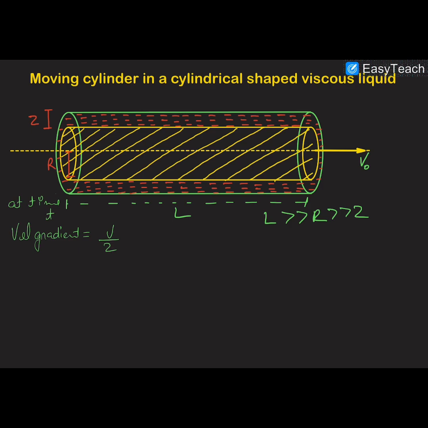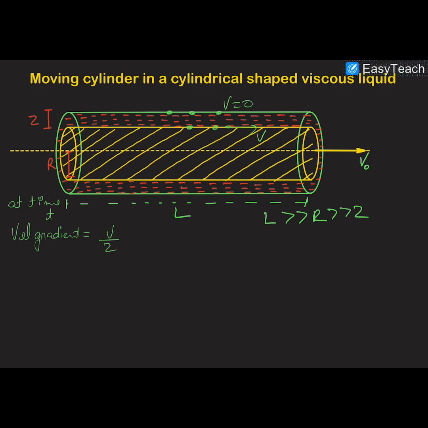The velocity gradient will be v by z, because the points which are in contact with the inner wall of the pipe will have zero velocity, and the points which are in contact with the cylinder will have velocity v at any time t.